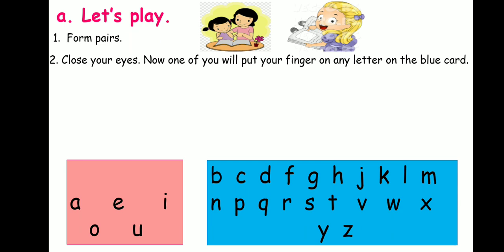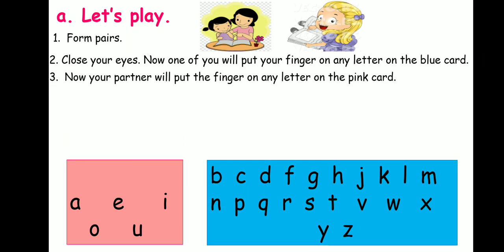So she's not looking at the book. So without looking, you have to point your finger on any letter on the blue card, that is, on any one of the consonants. The third step is your partner, whoever is your partner, will put the finger on any letter on the pink card, that is, on the vowels card.